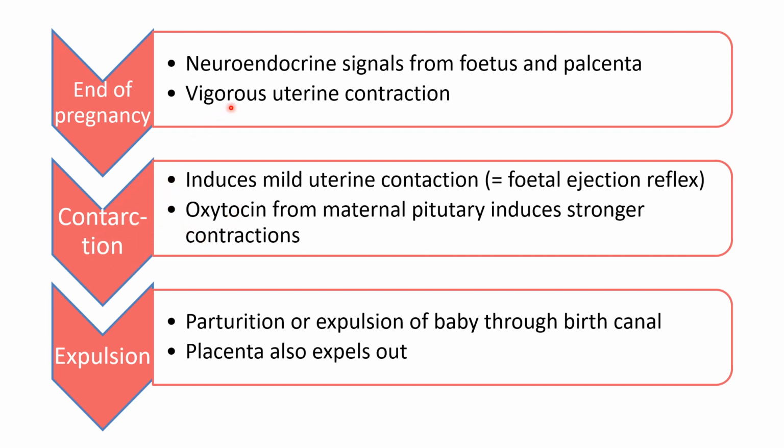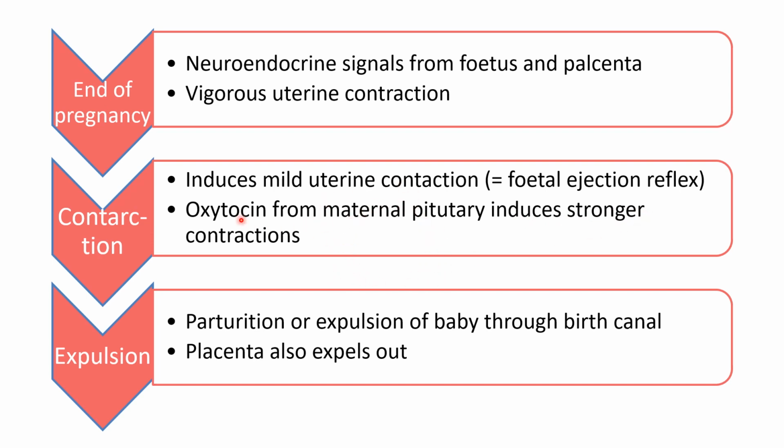Following the signals from fetus and placenta, the neuroendocrine mechanism of signal transduction induces only mild contraction of uterus known as fetal ejection reflex. But oxytocin also gets released from maternal pituitary gland, which induces stronger contraction. And there is a feedback mechanism. It acts in loop.